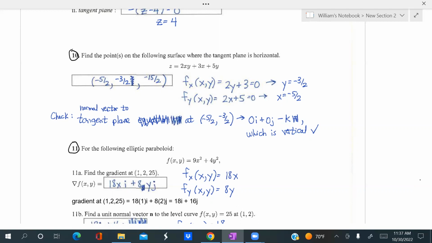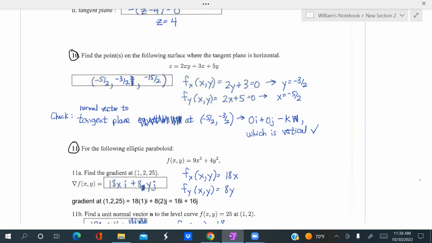If I did this calculation right, which I'm not going to check, if you plug in minus 3 halves for x and minus 5 halves for y, and then calculate z, you end up getting minus 15 halves. So I hope that's correct. All right. So there's the point on the surface where the tangent plane is horizontal. Okay.